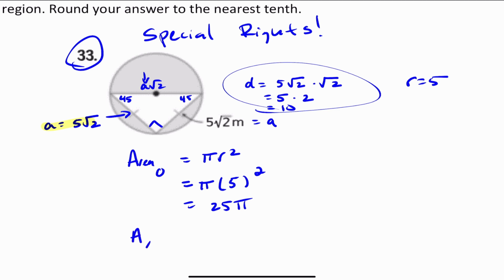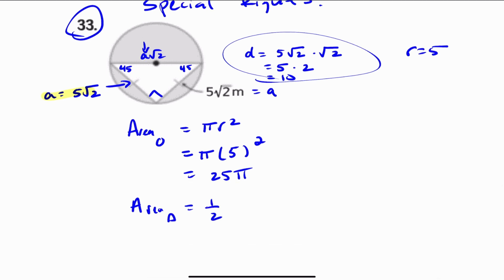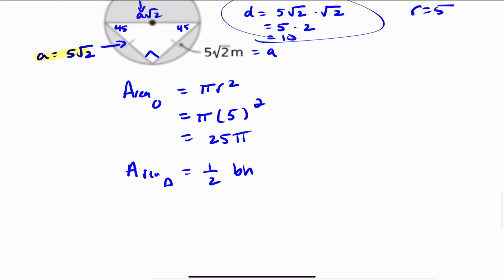So area of the triangle. The area of the triangle is 1/2 base times the height, where the base and the height are perpendicular to each other. We can easily spot that here, because this segment is perpendicular to this segment. So it's equal to 1/2 the base, which is 5 root 2, multiplied by the height, which is also 5 root 2.